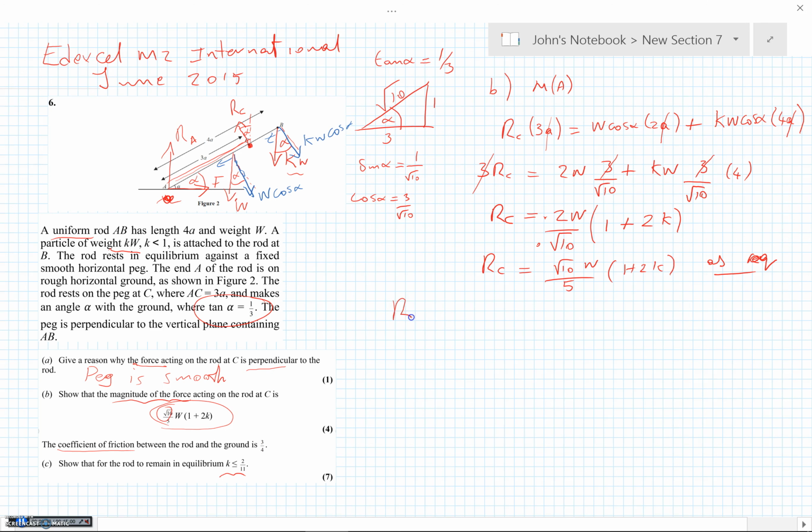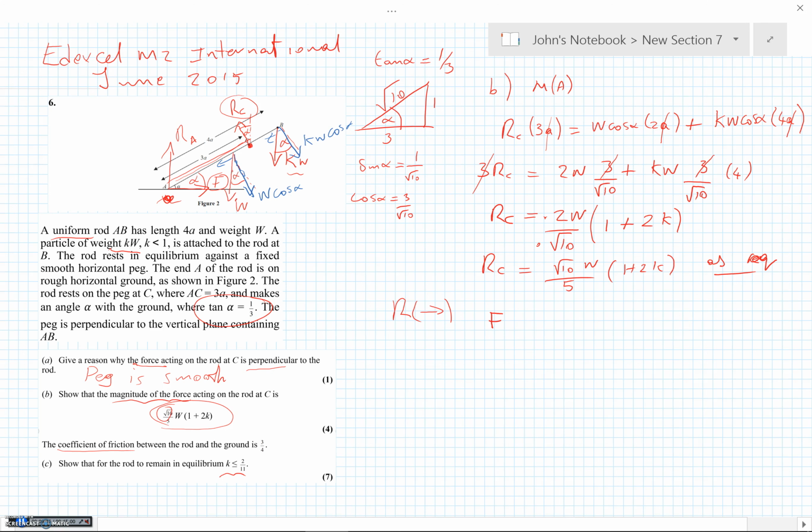Classically, these questions involve doing 3 equations: normally a resolve vertically, a resolve horizontally, and a moments equation. That's perhaps a little bit formulaic, but they do tend to fall into that. We'll resolve horizontally first of all, and that's going to enable me to work out the friction in terms of W, because I've got F. There's only 2 forces. We've got the RC force, and we've got the frictional force horizontally, and that is it.